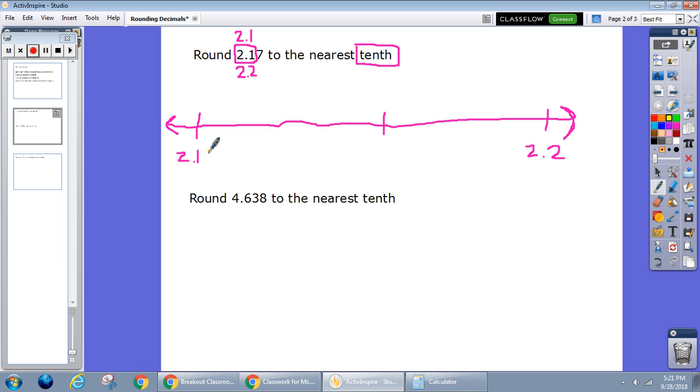Well, I'm going to put in my little invisible zeros to help me figure it out. So really let's think about this as if it were 2 10/100ths and 2 20/100ths. Well, what's right in between 10 and 20? 15, right? So I can make this 2 15/100ths, and boom, there we go.